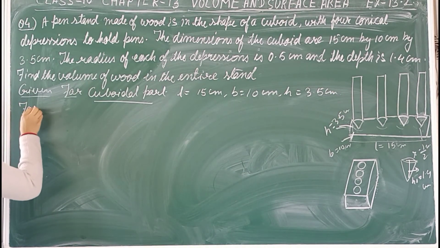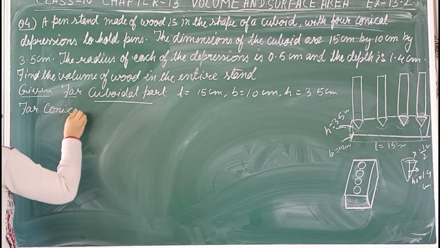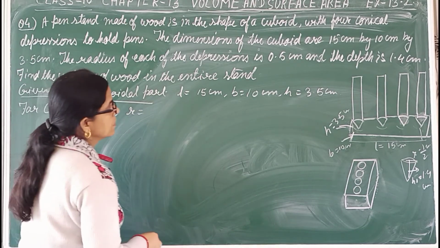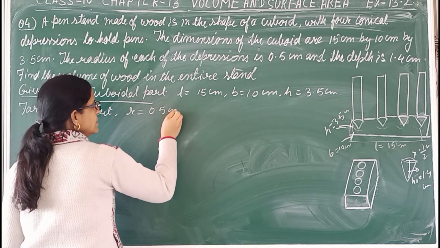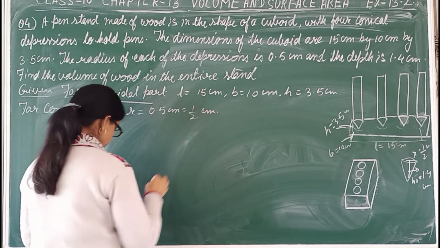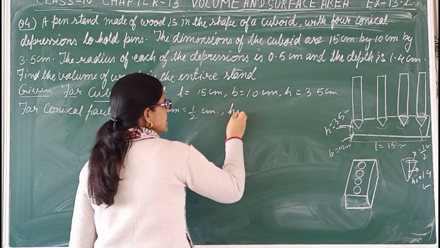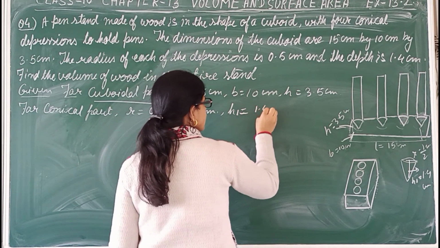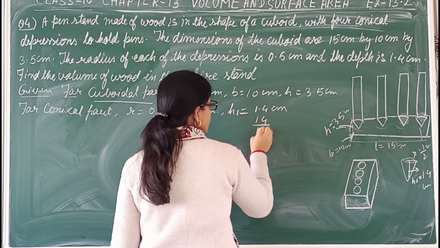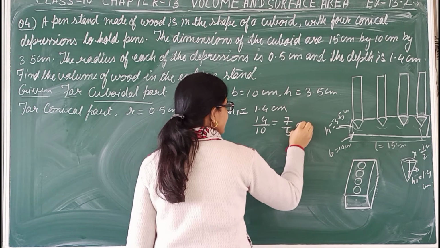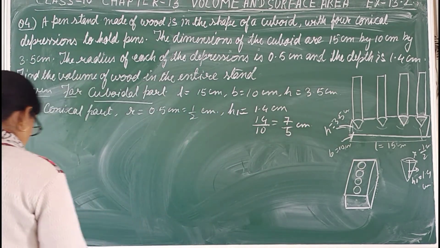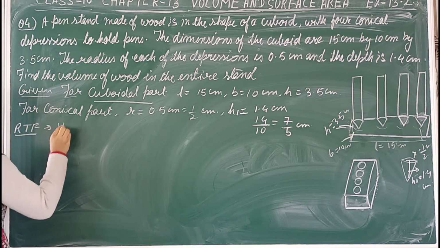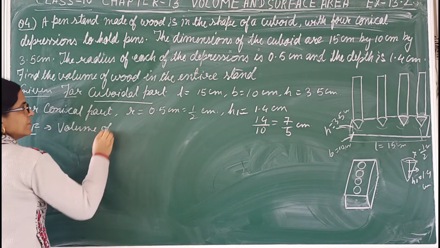Now for conical part, radius equals to 0.5 centimeter equals to half centimeter, and height equals to h1 equals to 1.4 centimeter equals to 14 by 10 equals to 7 by 5 centimeter. So all information according to the question has been given, and we are required to find the volume of the stand.